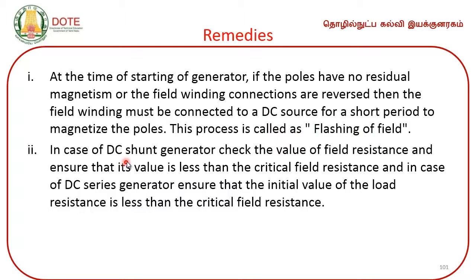Number 2, in case of a DC shunt generator, check the value of field resistance and ensure that its value is less than the critical field resistance, and in case of a DC series generator, ensure that the initial value of the load resistance is less than the critical field resistance.